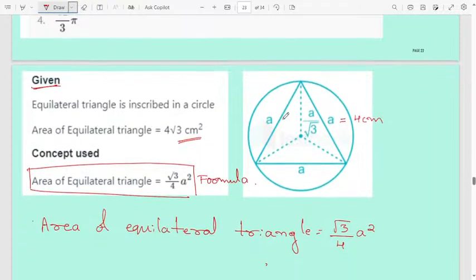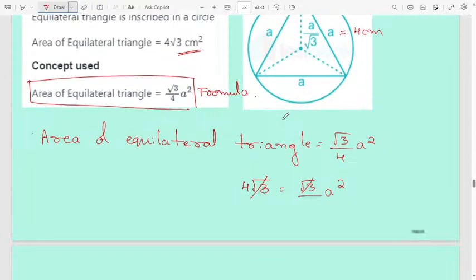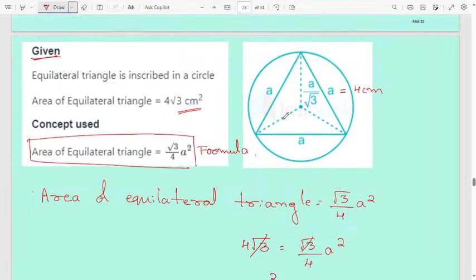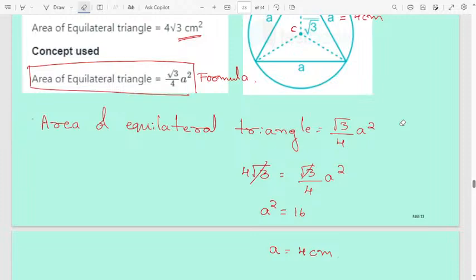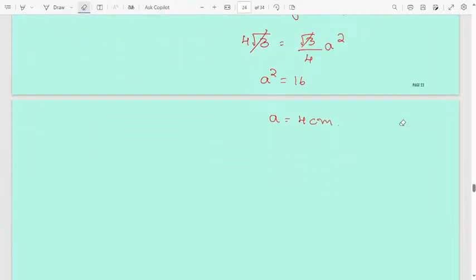Then what is the formula of area of circle? A is 4 centimeter, means this is the radius. See, this is the center. Then this is the radius of the circle. Then radius will be 4. A is 4. No. Wait. Side is 4. Then circumference of an equilateral triangle.